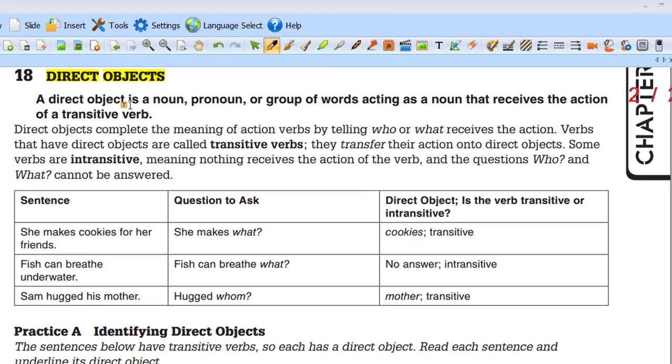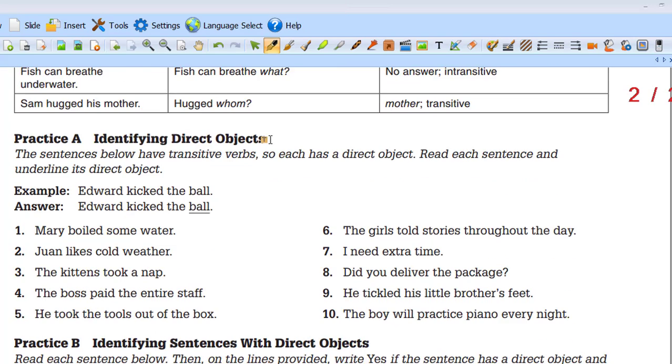It's very important to know this point, because we have linking verbs, and linking verbs are something completely different. What comes after the linking verb, we call it either predicate nominative or predicate adjective. Now we start with the direct object. They come after action verbs, as you know, and here we have some examples.